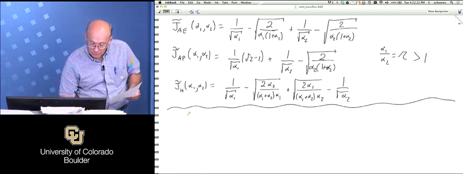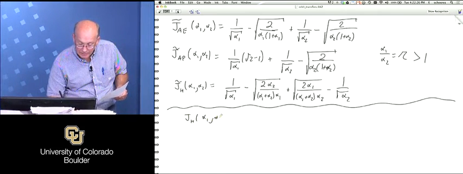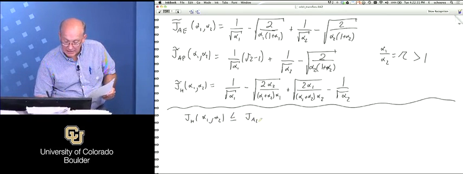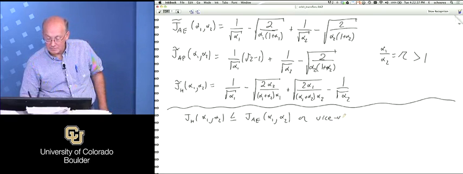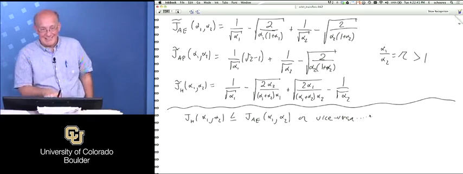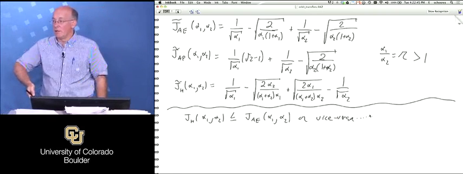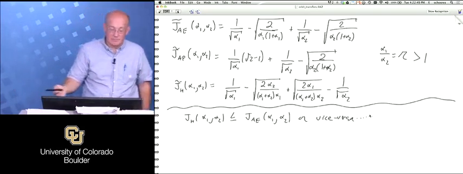First of all, we want to know when is JH of alpha 1, alpha 2 less than or equal to JAE of alpha 1 and alpha 2, or vice versa. What we really want to understand is when these two are equal to each other, because that's going to be the boundary between when the Hohmann transfer is optimal or when an aero-assist is optimal.